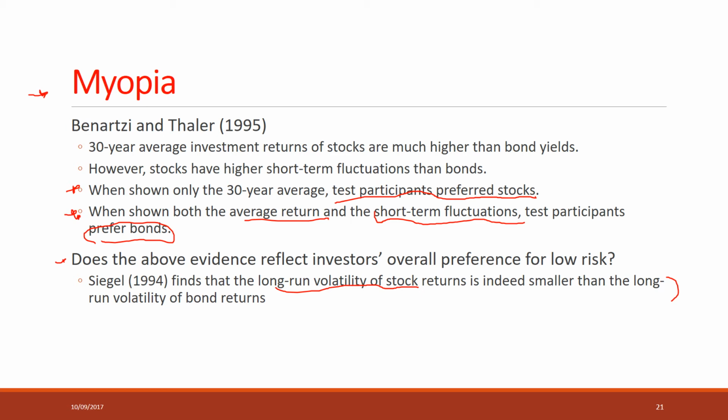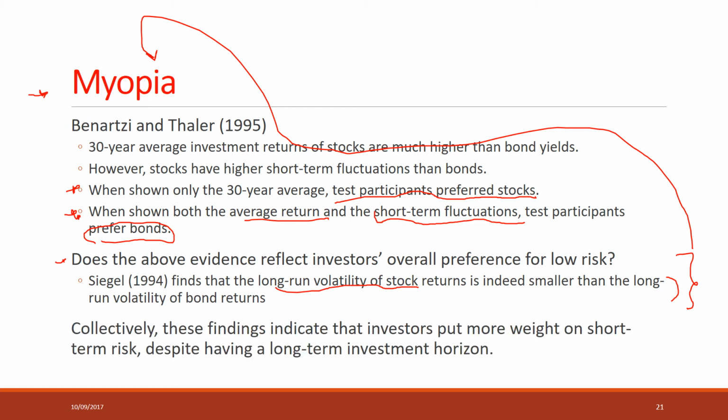So this evidence shows that investors focus more on short-term information. So these two findings therefore show that investors put more weight on short-term information, even though they have long-term investment horizons, right?